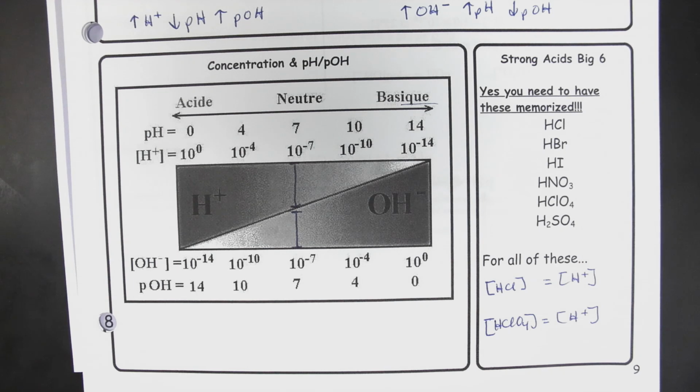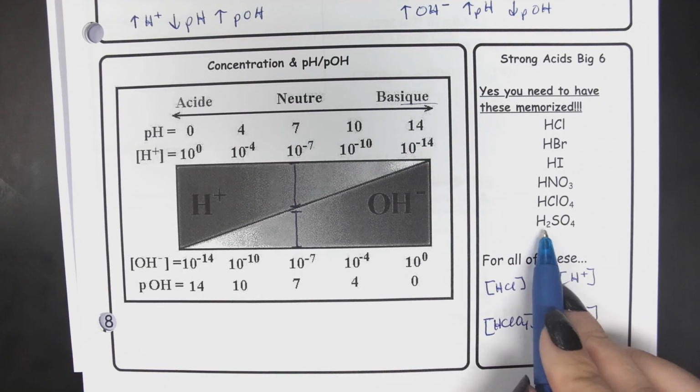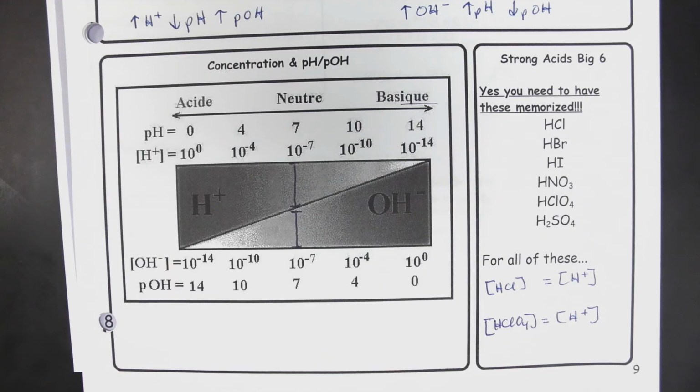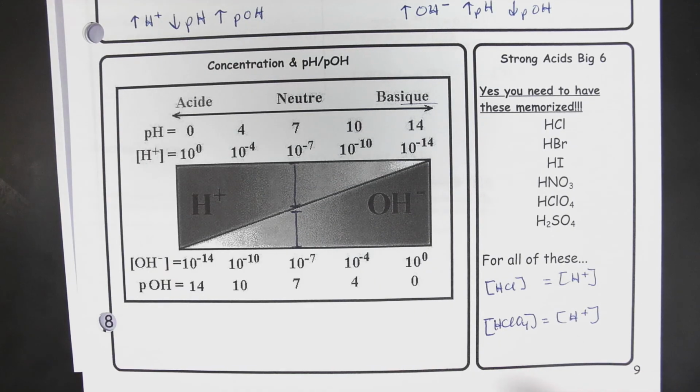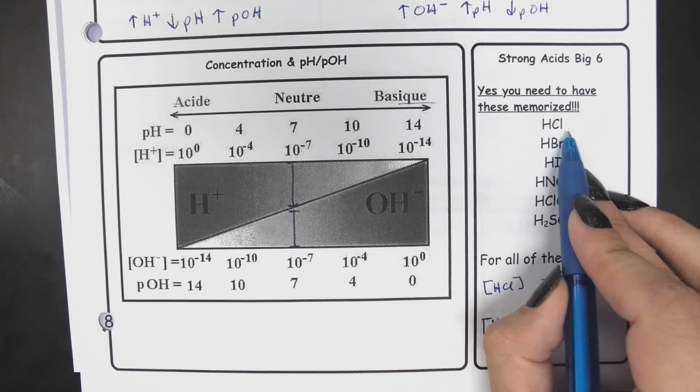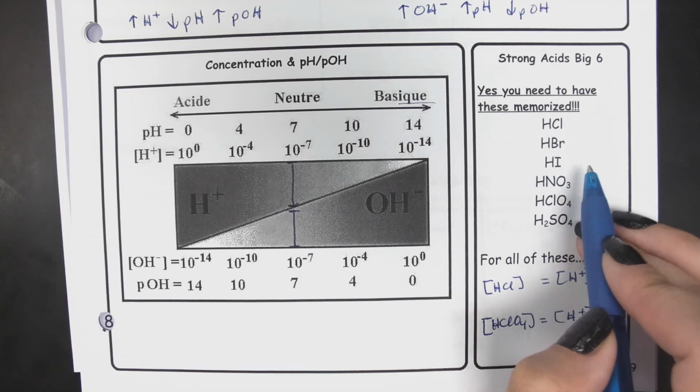Okay? So how do we go about memorizing this? First off, recognize that all of them have hydrogen at the front. Only one of them has 2 hydrogens. And I have another way to help me with the first 3. Do you see how it's HCl, HBr, HI?